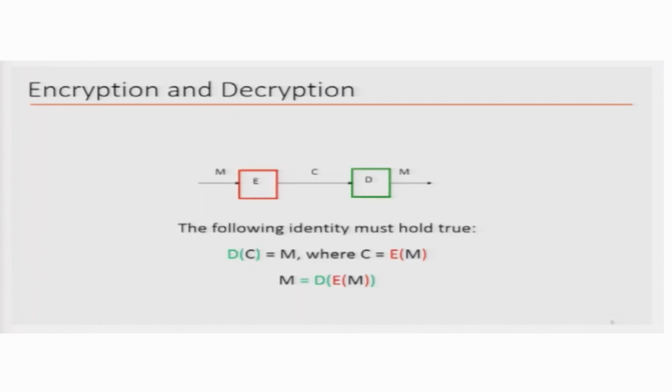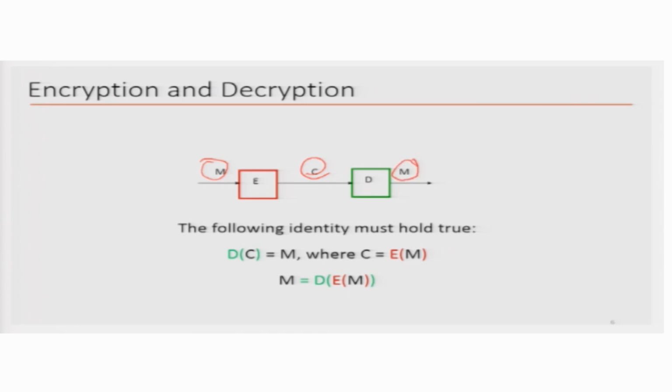So, now if you look at this as some kind of a data flow, then this is your message or plain text here, and this plain text goes into an encryption algorithm, or here it is shown as an encryption box. It could be hardware, it could be software, and then what comes out is the ciphertext. The ciphertext is the encrypted version of the original message, and then you want to read it, then you have to pass it through the decryption or deciphering algorithm or the hardware, and then comes out the clear text or the original message.